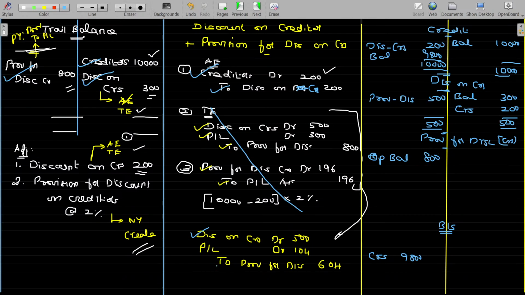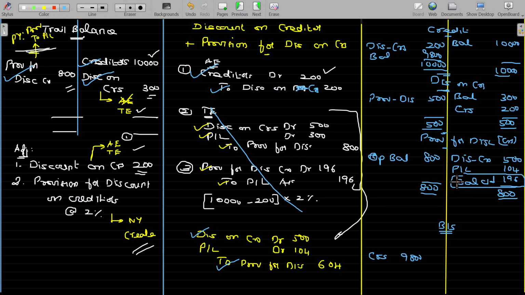And here provision for discount on creditors is on the credit side, so by discount on creditors, value being 500. Profit and loss, the value being 104. If I tally this, 800 rupees, 800 rupees, I'll get the balance carried down being 196. Remember, this is not a nominal account.